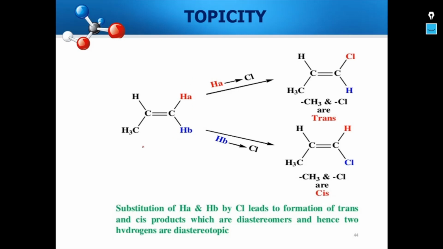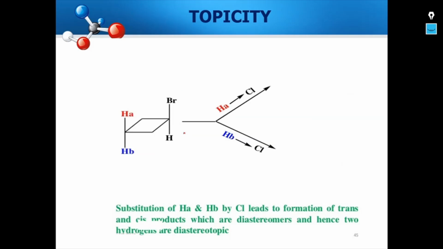Let us first try to understand this simple molecule. In propene, we have two hydrogens, and if they are replaced with chlorine atoms, we end up with cis and trans. So substitution of HA and HB by chlorine leads to the formation of cis and trans products, which are diastereomers, and hence these two hydrogens are diastereotopic in nature.